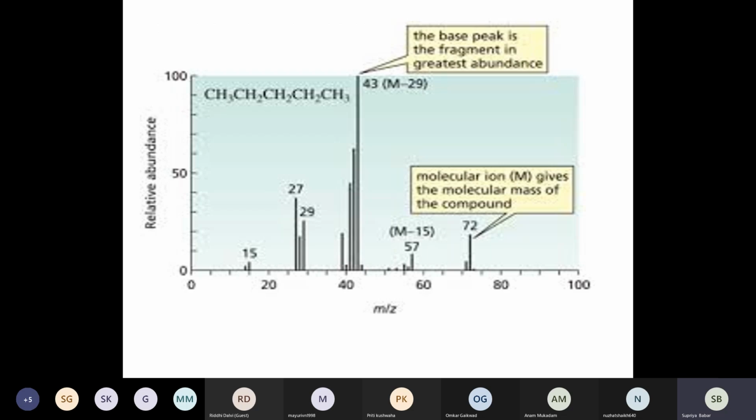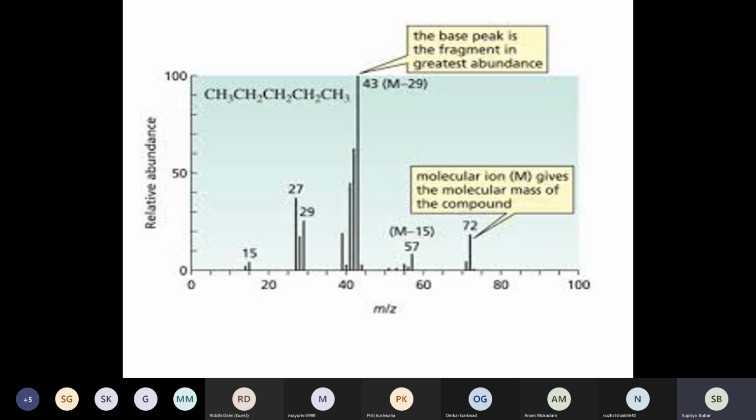Now see, this is the mass spectrum. You can see the relative intensity, or relative abundance, versus the mass to charge ratio, which is represented by m by z. You can see the various peaks. This particular mass spectrum is for a molecule given over there, a long chain aliphatic compound, pentane.